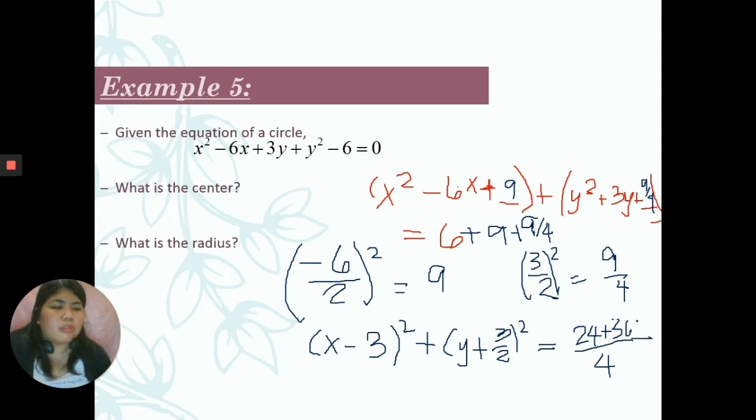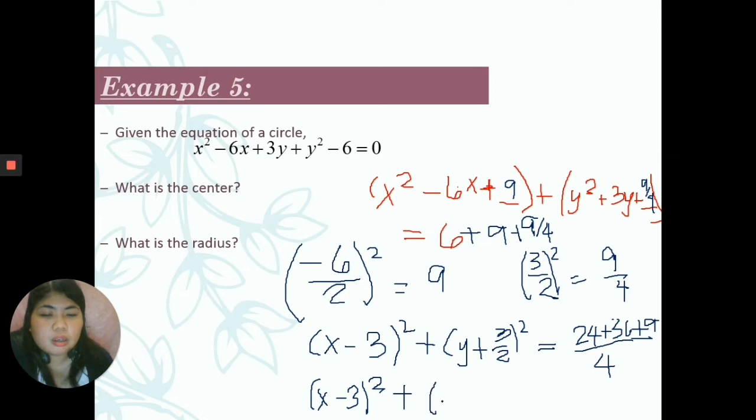Plus 9 over 4. Then simplify. So our final equation is (x minus 3) squared plus (y plus 3 over 2) squared equals, add the numerator, 24 plus 36 plus 9, that would be 69 over 4.